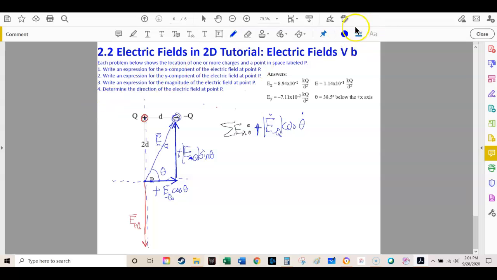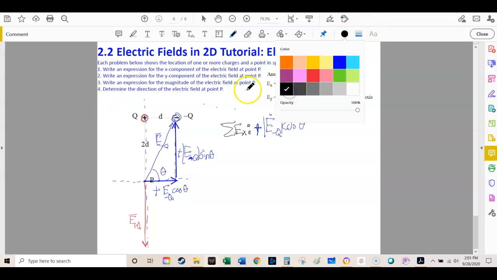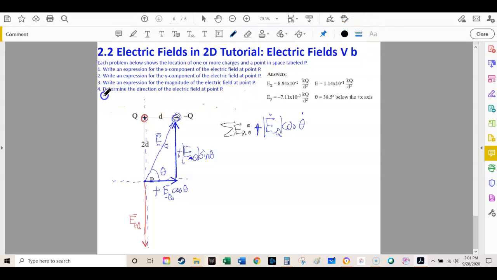So again, to get what theta is, tangent of theta is opposite over adjacent, so that would be 2d over distance d, and the d's cancel out, which is just equal to 2.